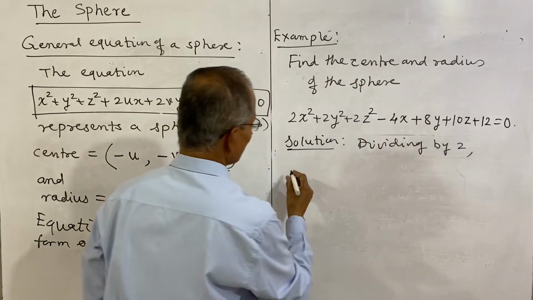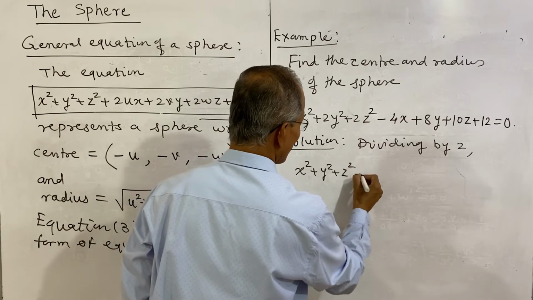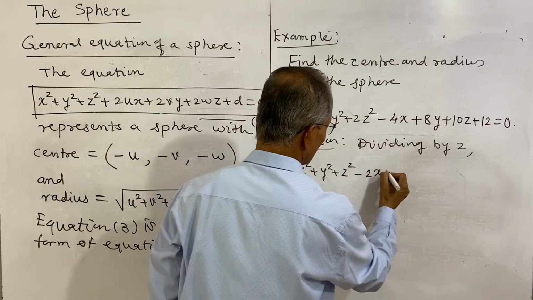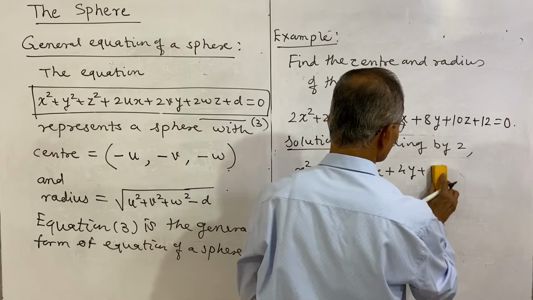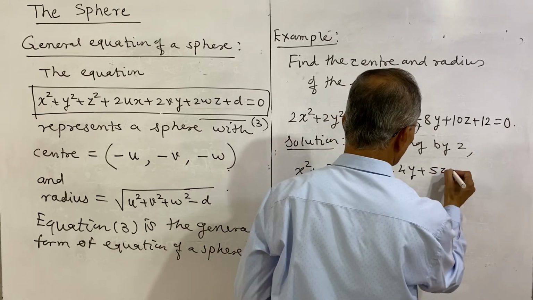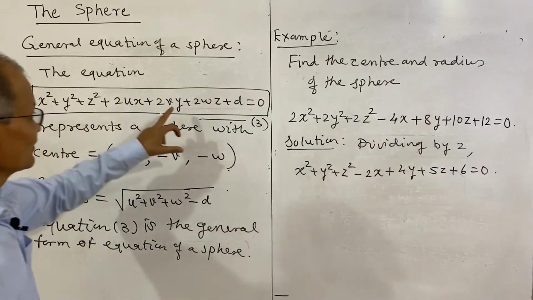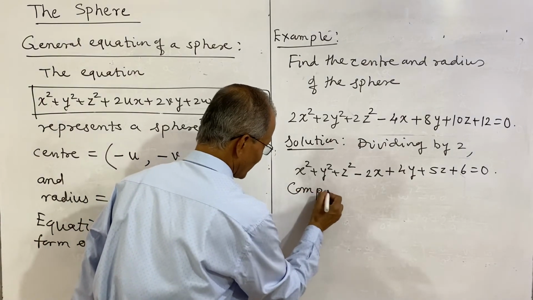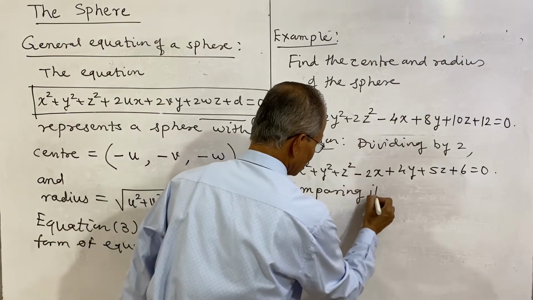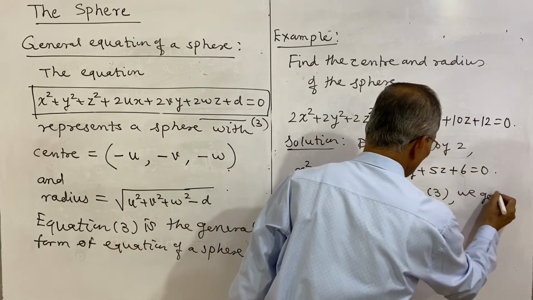Dividing by 2, the equation becomes x square plus y square plus z square minus 2x plus 4y plus 5z plus 6 is equal to 0. And comparing this with equation 3, we get what is u.